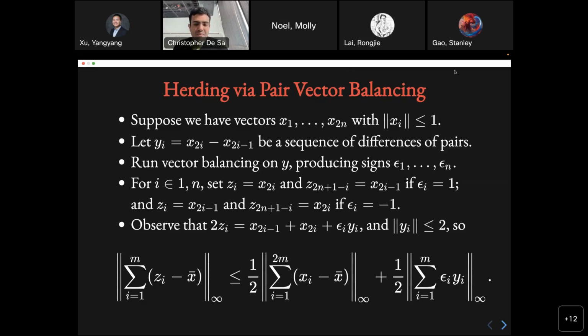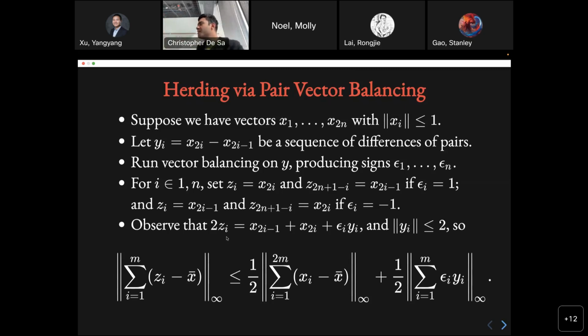And what we can observe here is that when we look at the value of the ith element of the new permutation, it's going to be equal to 1/2 times the sum of the elements in the corresponding pair of the previous permutation x plus the sign that we got times the difference.